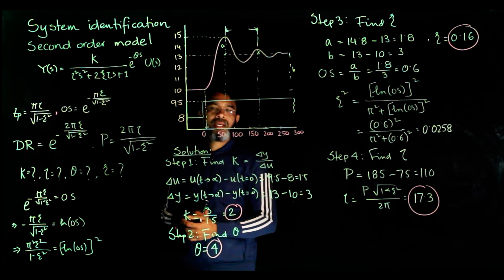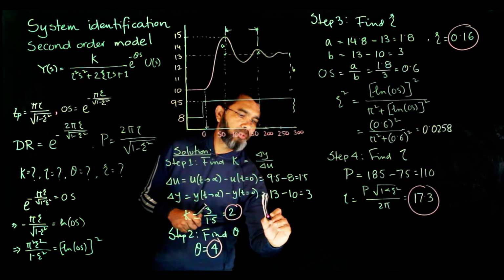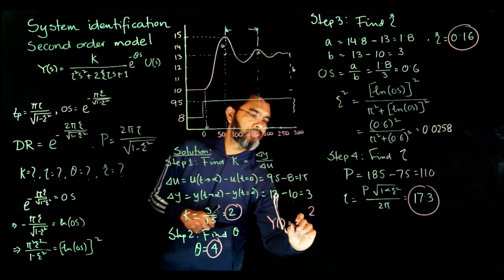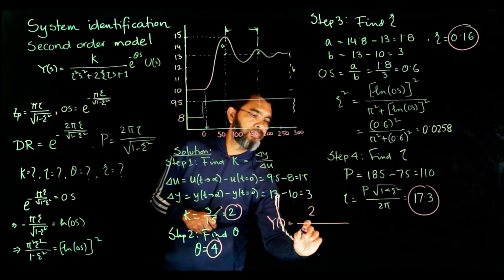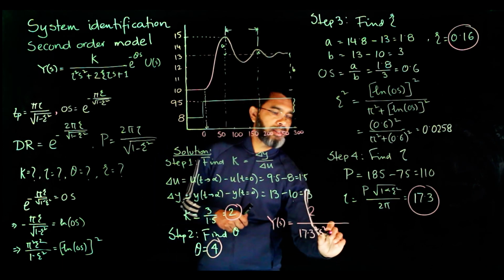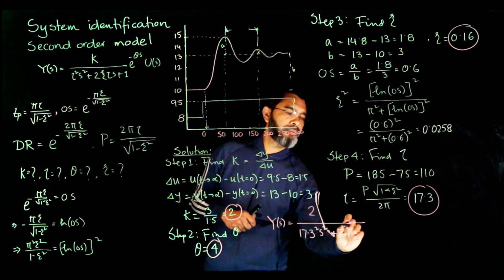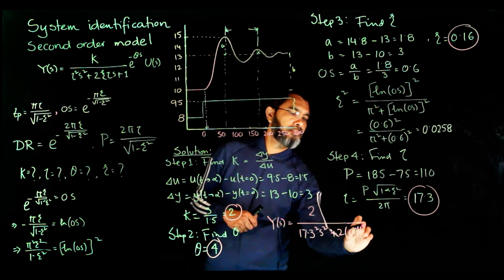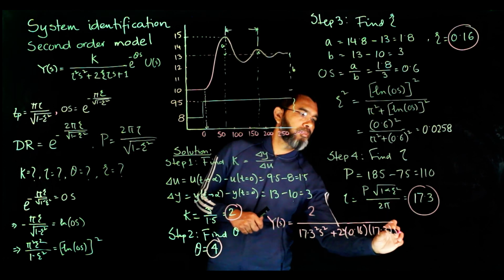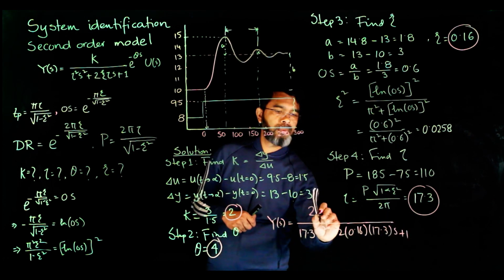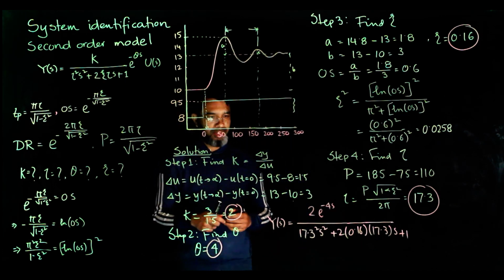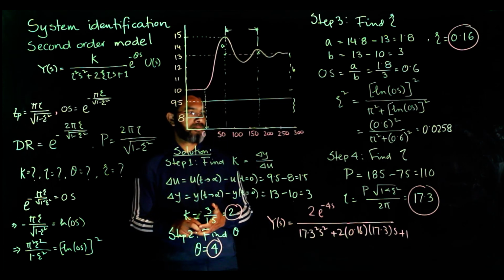So finally, you can write down the equation to be Y(s) equals 2 over 17.3 squared s squared plus 2 times zeta tau s plus 1, for S. Okay.